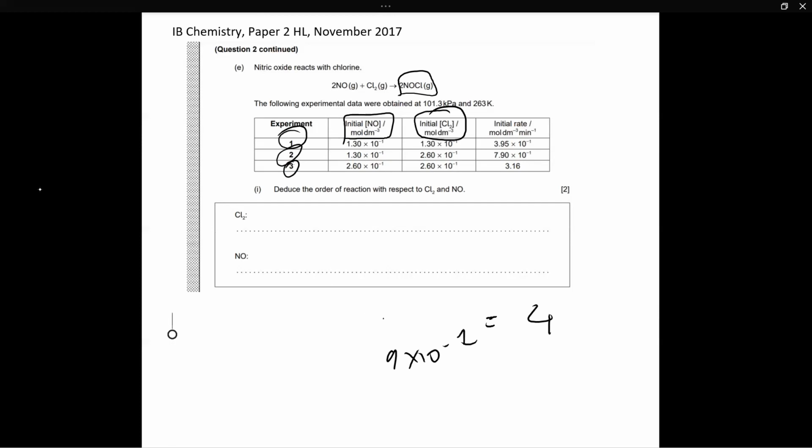Now, if you double, like we saw in this instance over here, where we doubled the concentration of chlorine gas, the initial rate also doubles. This is called a first order reaction.